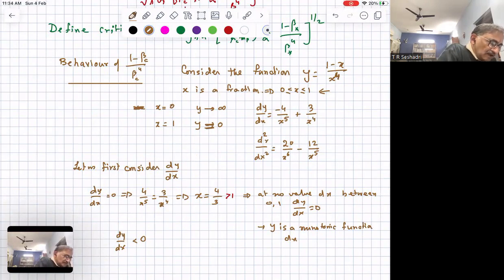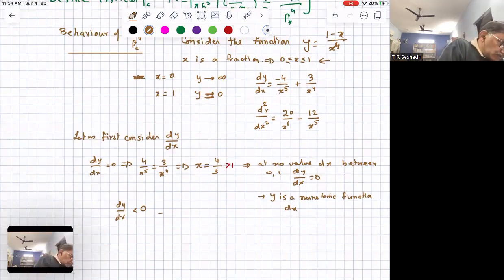And as you keep increasing this one, you will find that this is always less than 0. So both these together imply dy by dx is monotonically decreasing.